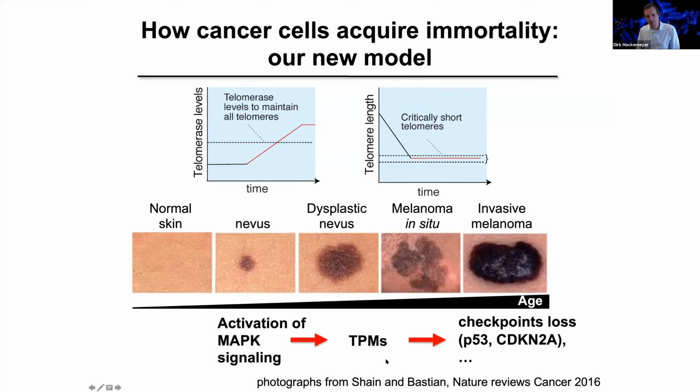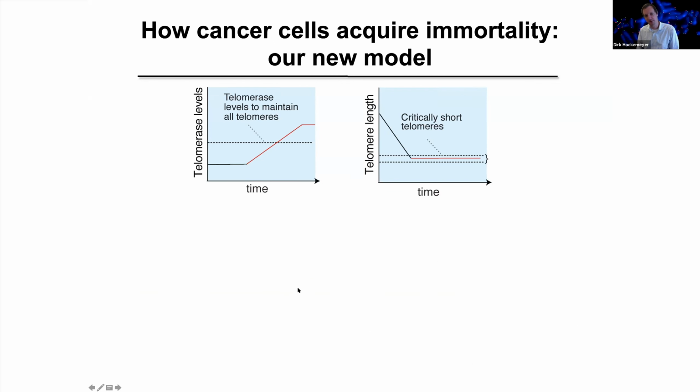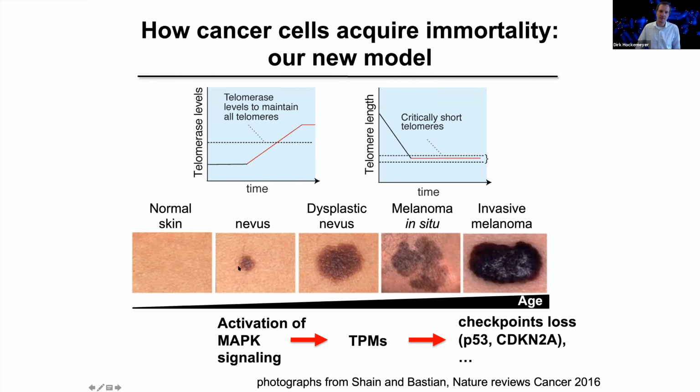And we know that TERT promoter mutations occur somewhere during this transition of cancer development. And on the human skin, of course, this takes quite a long time to develop. And so TERT promoter mutations are prevalent in melanoma, but they're found in many other cancers.